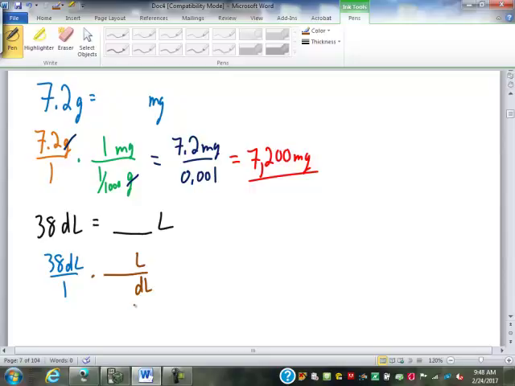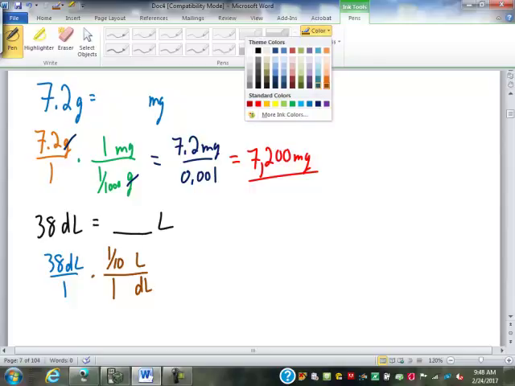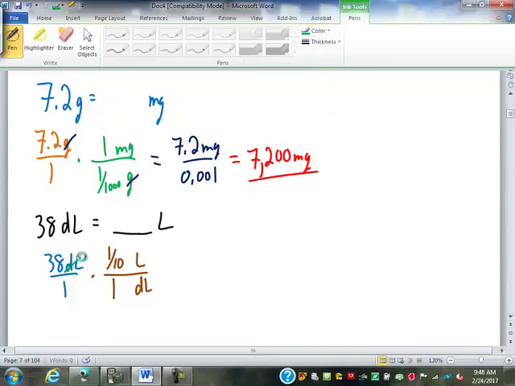So put deciliters on bottom so they're going to cancel out. And we know that 1 deciliter is 1/10 of a liter. So now again, the deciliters cancel out. On top, we have 38 times 1/10, which is 3.8 liters. On bottom, 1 times 1 is 1. So it's 3.8 liters over 1, or just 3.8 liters.